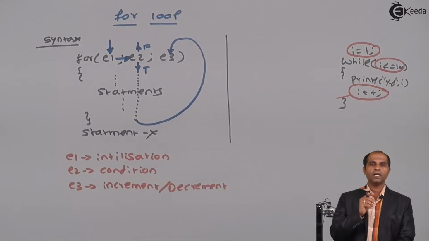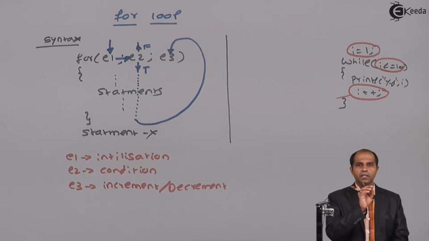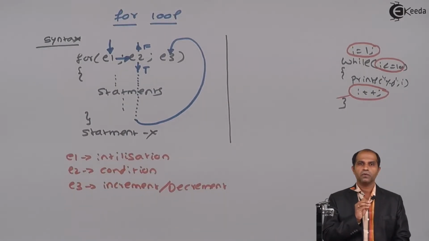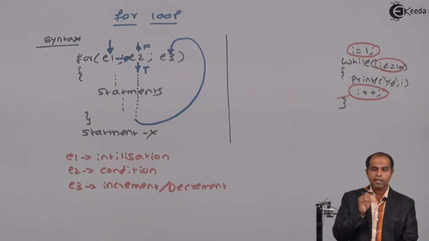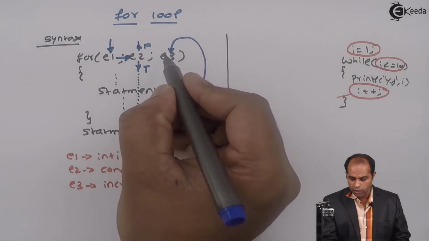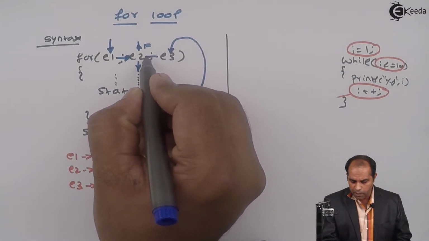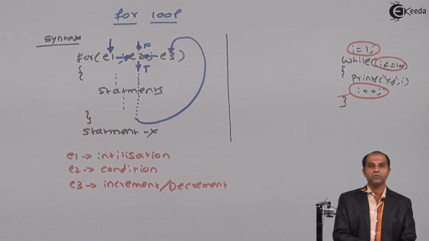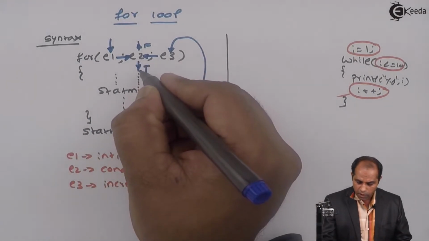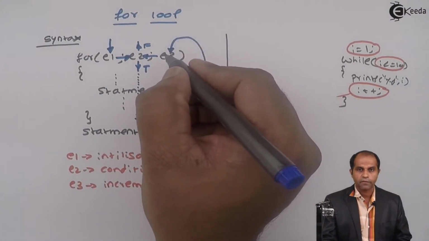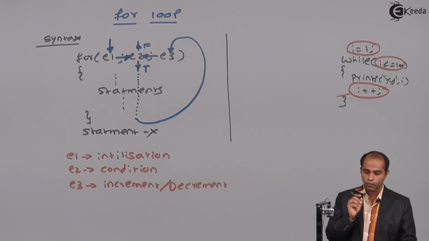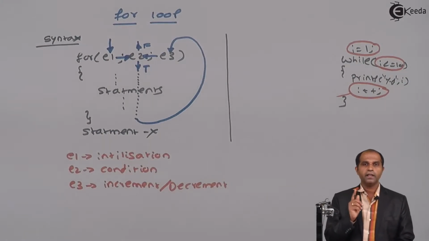So when I completed the first execution, E3 was not in the picture. It was only expression 1 and expression 2. When you start the second execution of the loop, it should start with E3. So go to E3, and after performing E3, go back to E2. Again, if you find E2 true, execute the statements and then come back to E3. Now you're stuck in this closed path.